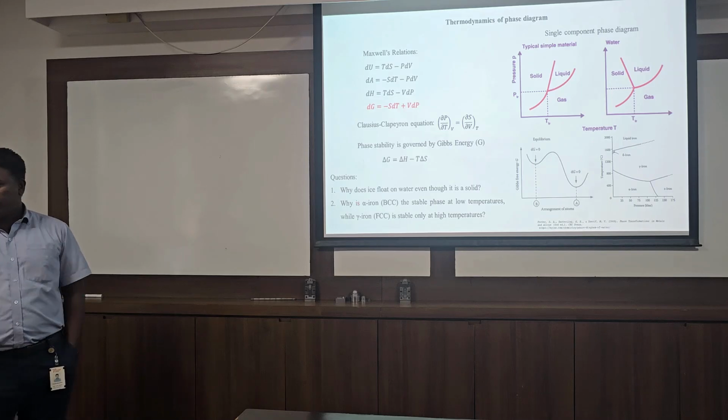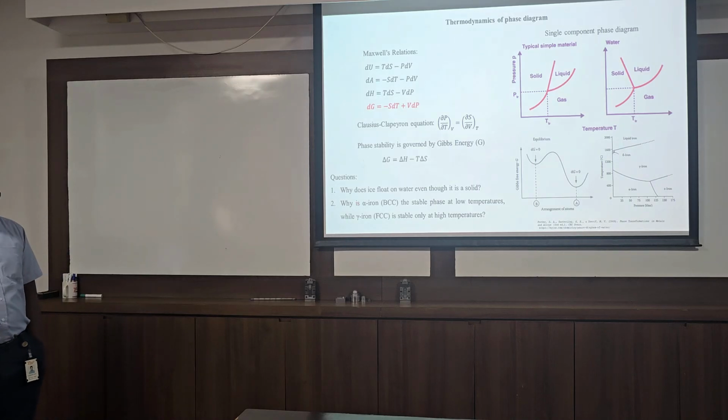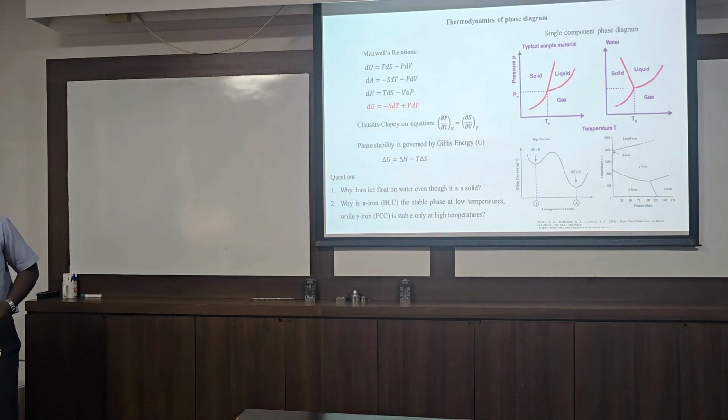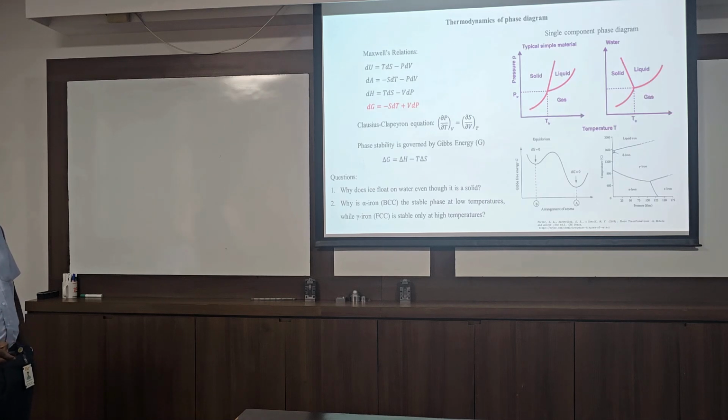Generally, what we spoke till now, at low temperature close packed or dense packed phases are stable. In that case, gamma iron should be here. So why is alpha iron, which is BCC, 68%, and FCC gamma iron is 74%, stable at room temperature?